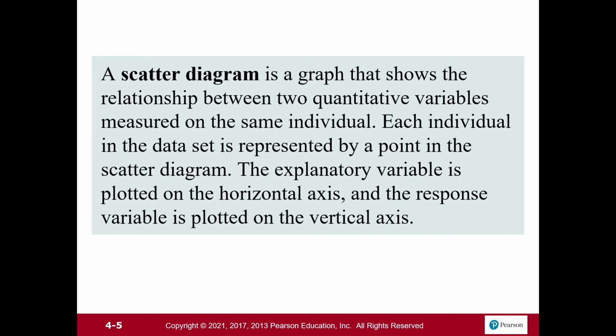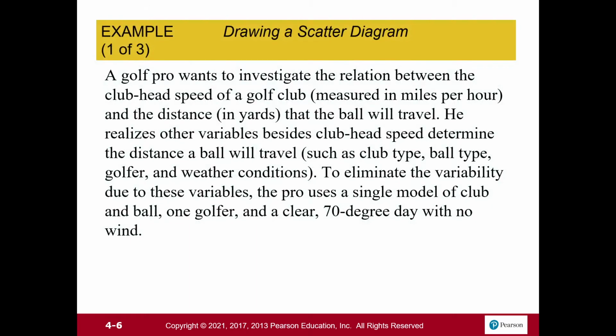But the commonality is that there is some sort of individual or some sort of variable that relates them. The explanatory variable is plotted on the horizontal axis, as we said, and the response variable is plotted on the vertical axis.